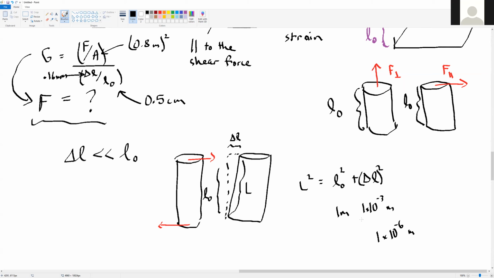So on the right hand side here, we have 1.000001, basically 1, right? So when I take the square root on both sides, L is approximately L0. So in reality, it doesn't matter whether you use the length along the hypotenuse or L0.